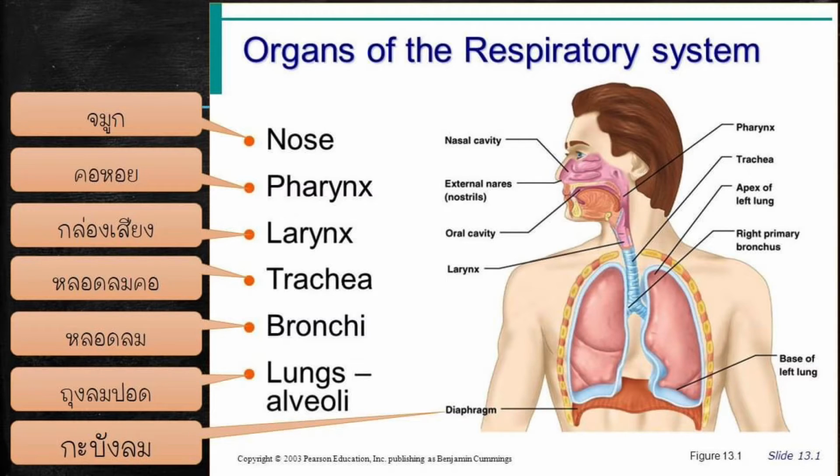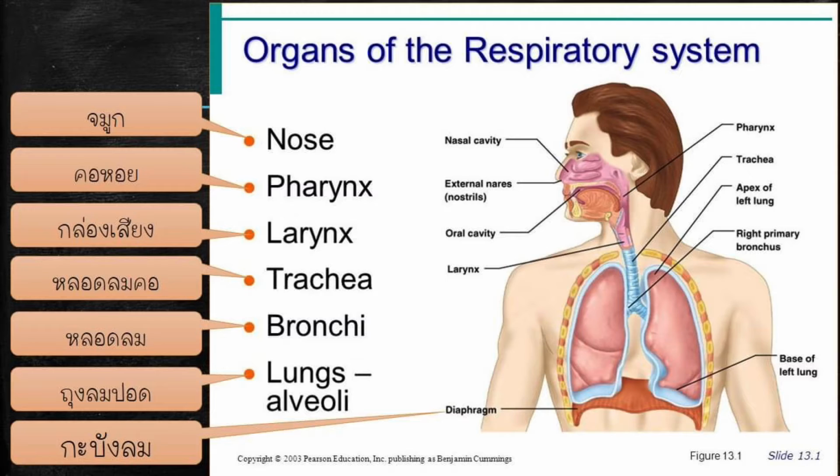The first one: nose, pharynx, larynx, trachea, bronchi, lungs, alveoli, and diaphragm.